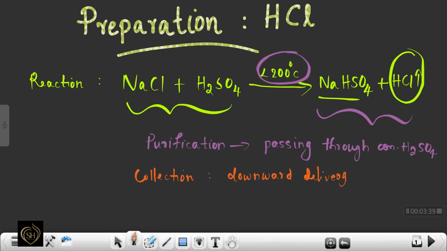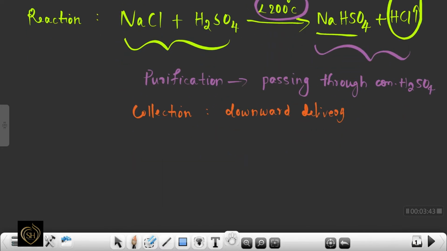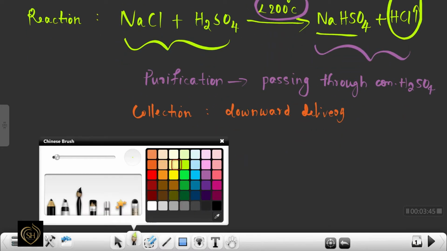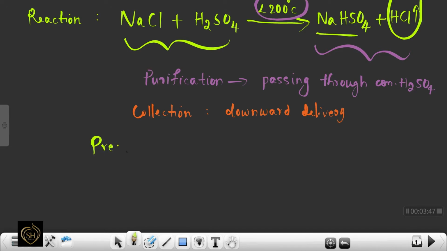Most importantly, what are the precautions involved in this reaction? There are three important precautions during this preparation. First, the lower end of the thistle funnel must be dipped in concentrated sulfuric acid.